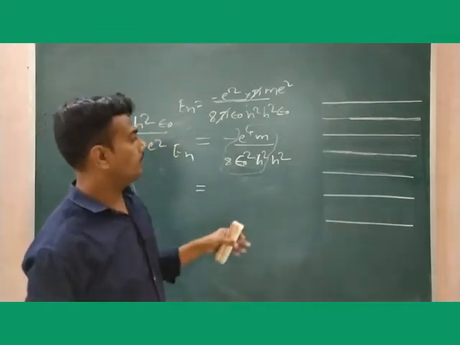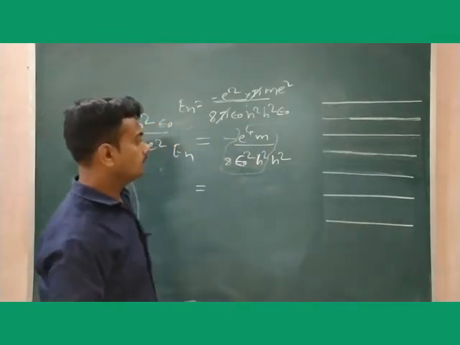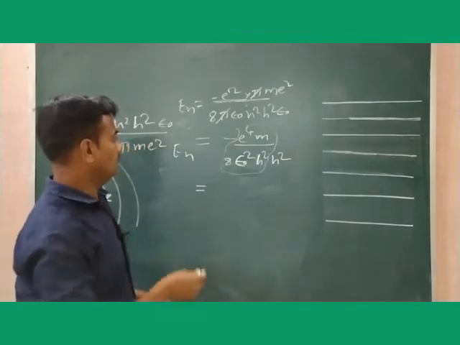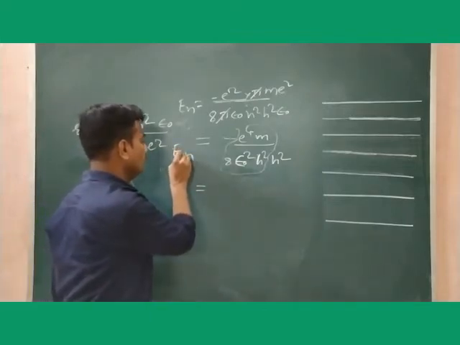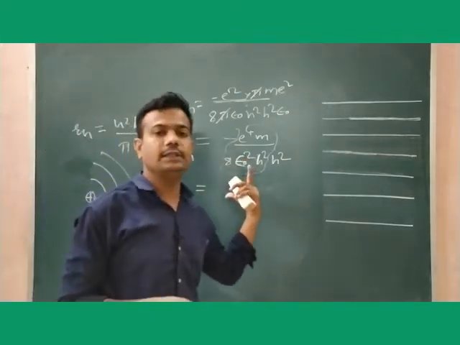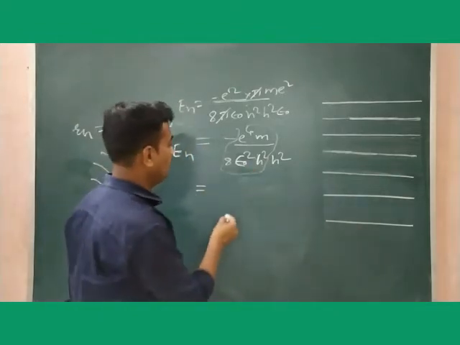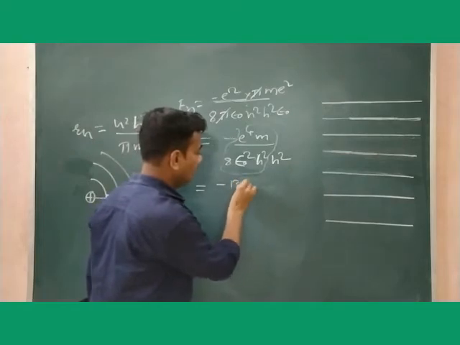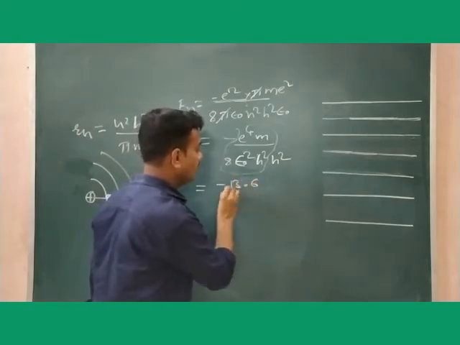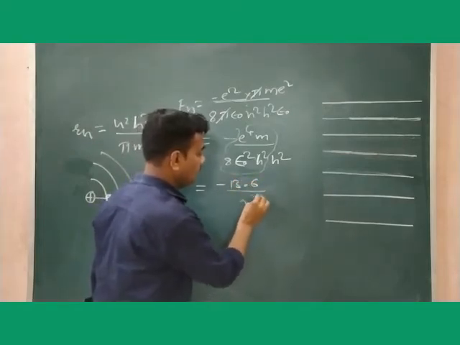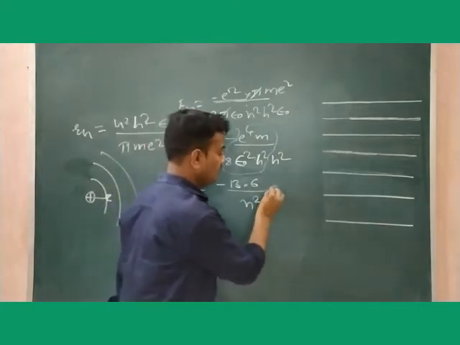If you substitute all these values, this is the energy in joules, and if you divide this by the charge, we get the energy in electron volts. It comes out to be 13.6 divided by n square electron volt.